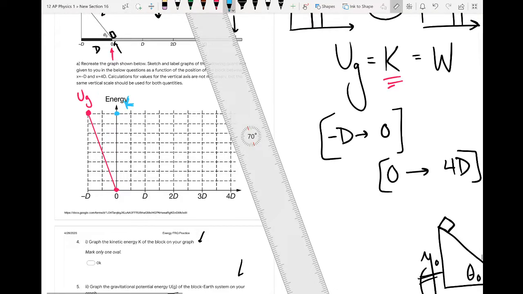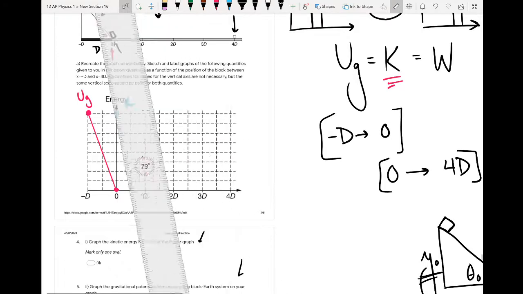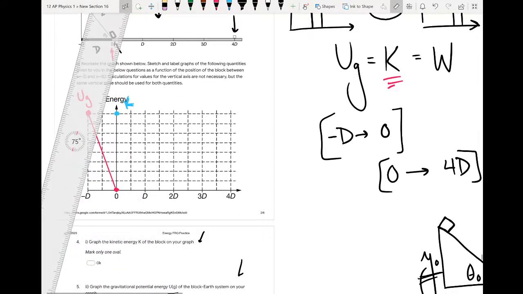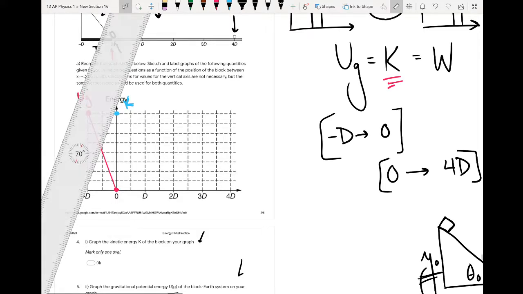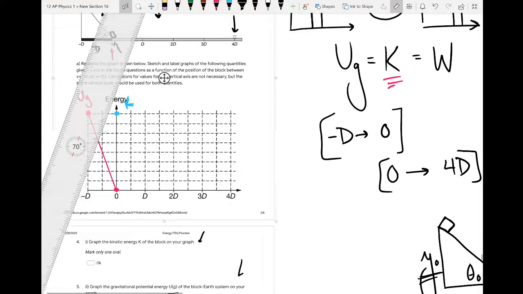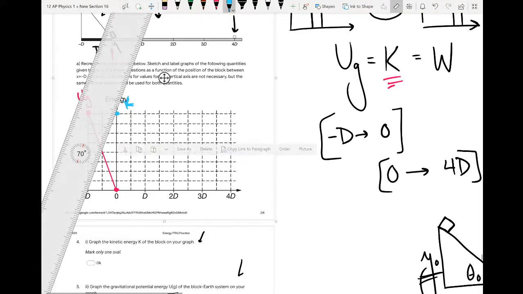I know that this total energy, this UG, is now my kinetic energy. And I have to make sure that this is conserved throughout that motion. So really, it's just going to look like the inverse of our potential energy graph, because we have to keep it constant. So let's draw that in and then look at that and analyze that.